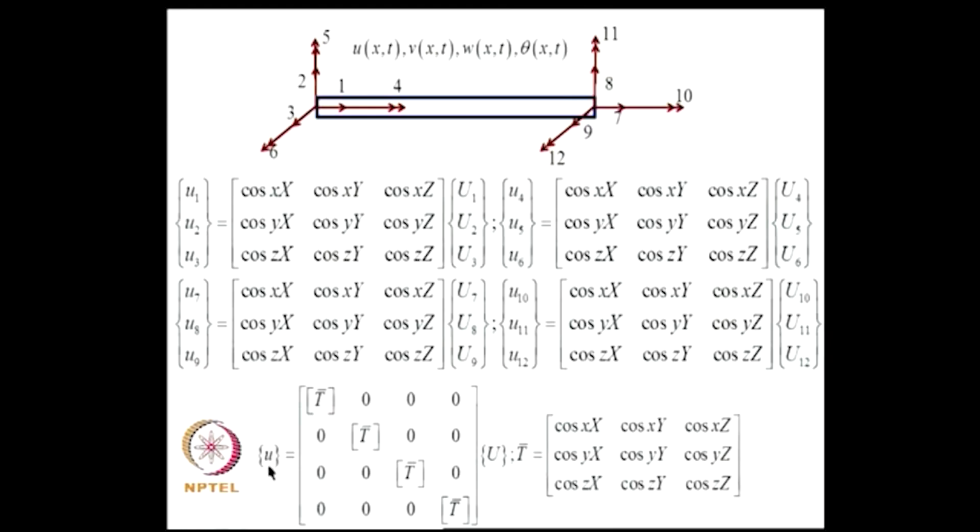If I now call vector u as u1, u2, u3 up to u12 and capital U as capital U1, U2, U3 up to U12, then this relation emerges from this set of 4 equations, where T bar is this matrix. This 0 is a 3 by 3 matrix. So, this is a 12 cross 12 square matrix.